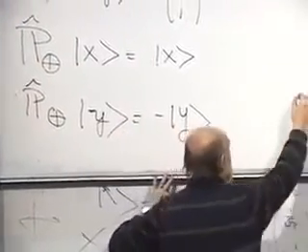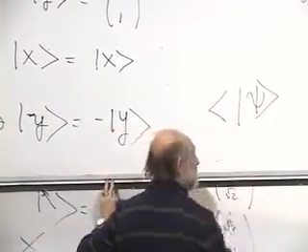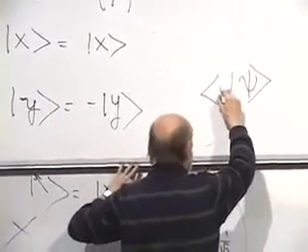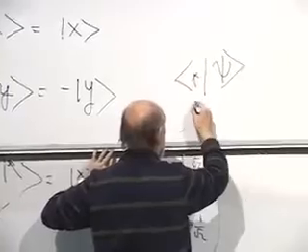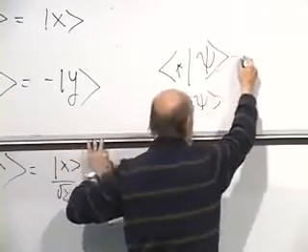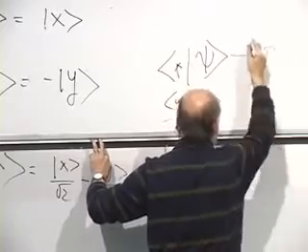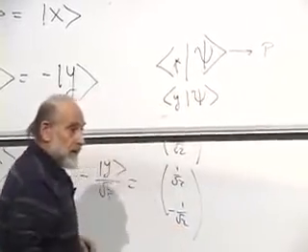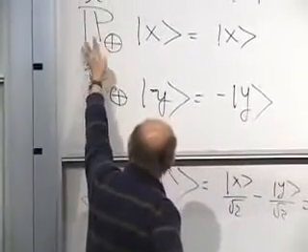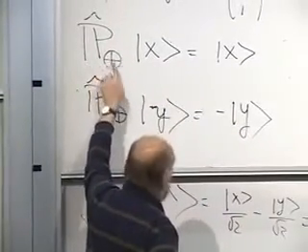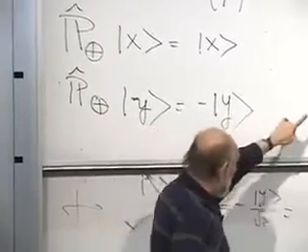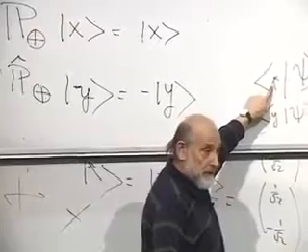You just take its inner product with the eigenvectors, with two possible eigenvectors of the observable, x or y. And from these, you get probabilities by squaring. All right? So the role of the observable operator here is to tell you what the possible values are that you can get and which states have definite values.